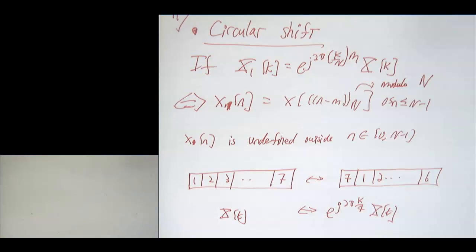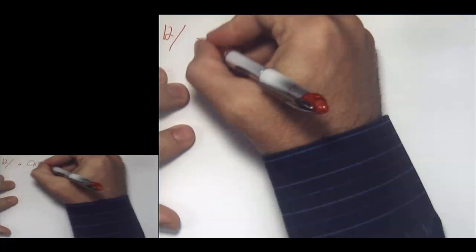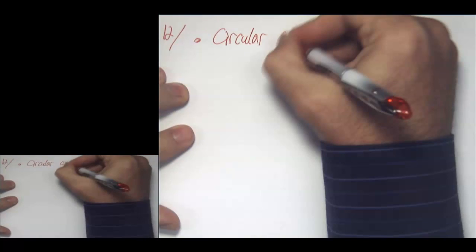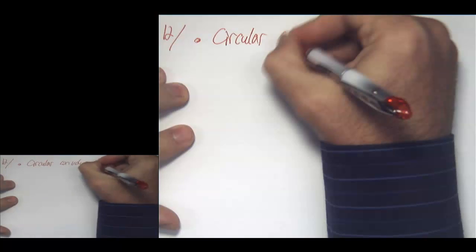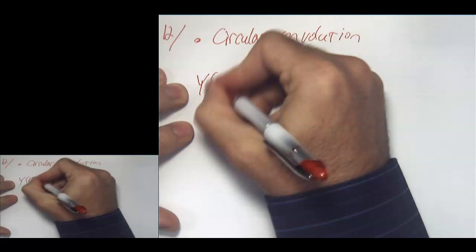All right, the second property that we need is circular convolution. Let's go back and look at products in the frequency domain. Suppose I have two length N signals, and in the frequency domain I multiply them together.